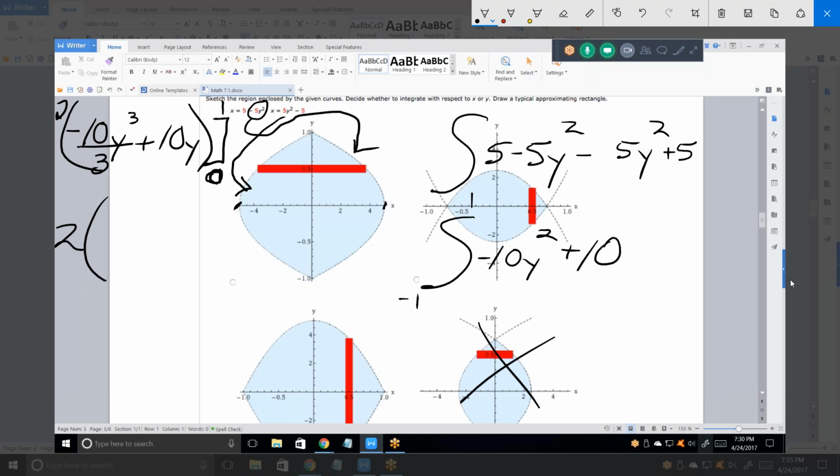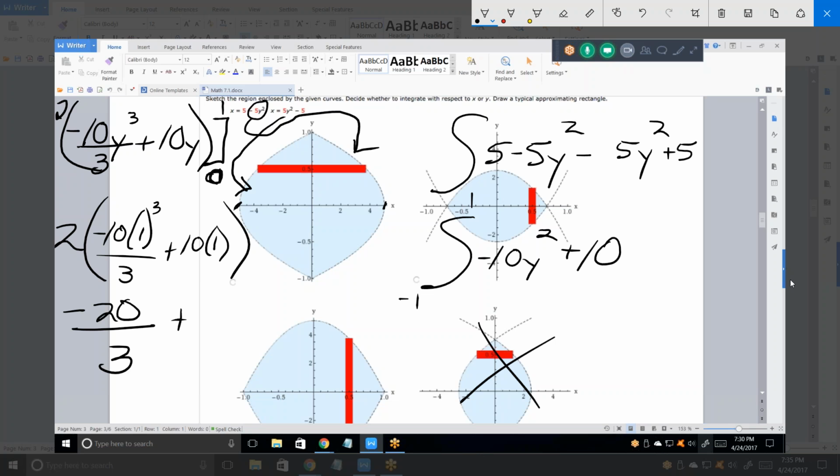So negative 10 over 3, or 1 cubed over 3. I would even go that far to write it like that. Plus 10 times 1. Now you can simplify it. That's minus 20 thirds plus 20.